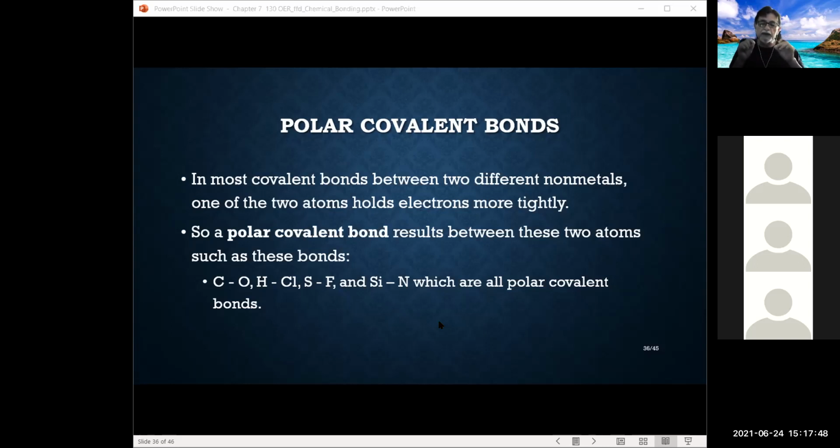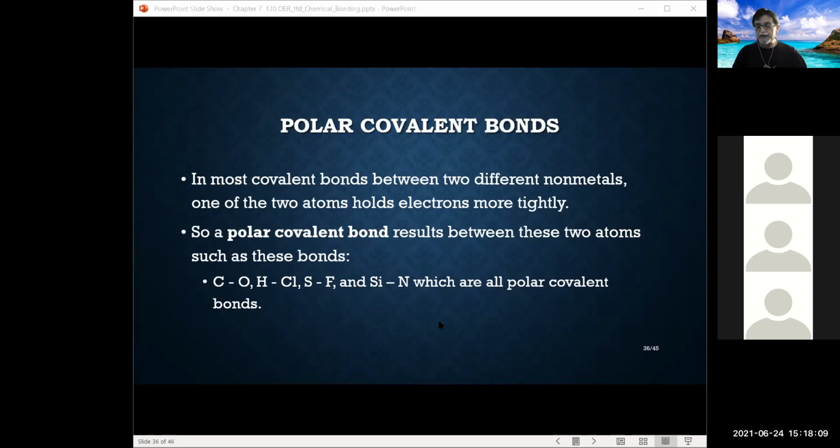Any bond that contains different atoms gives you a polar bond, except carbon hydrogen. Okay, I'll repeat that again. Any bond that has two different atoms is a polar bond, except carbon hydrogen.